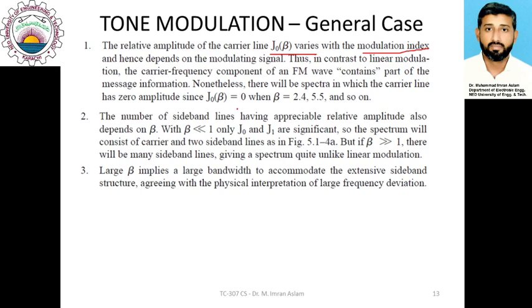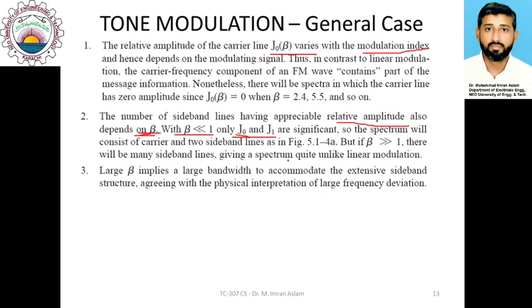Secondly, the sideband lines have relative amplitudes which are dependent on beta. So if beta is much smaller than 1, the only significant sidebands are J0 and J1. If we try to increase the value of beta, in that case we will have more significant sidebands.